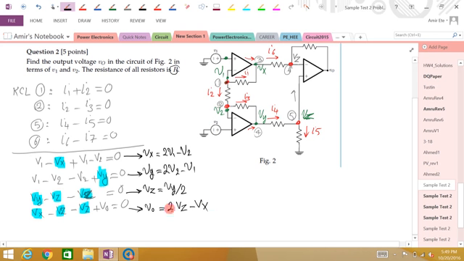Alright, so 2Vz is Vy. From this equation, 2Vz here is Vy minus Vx. Vy itself is 2V2 minus V1. Vx is 2V1 minus V2.